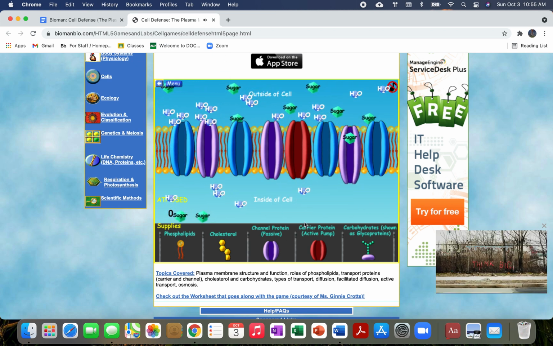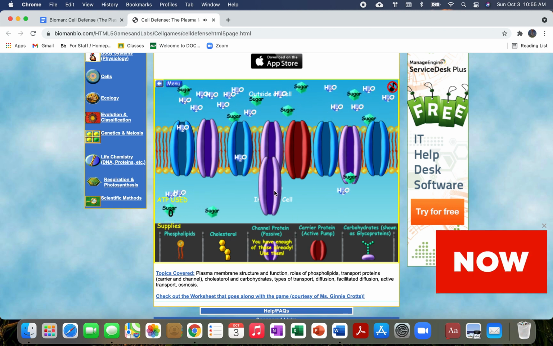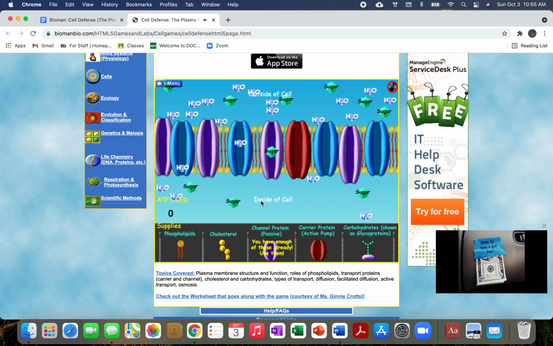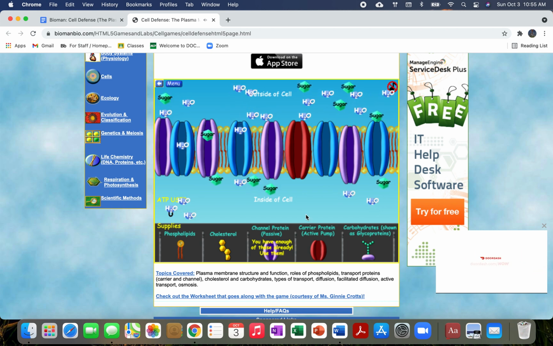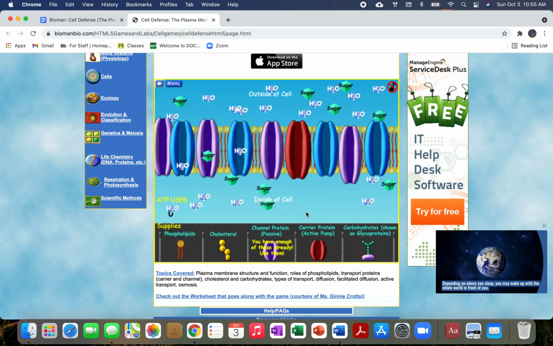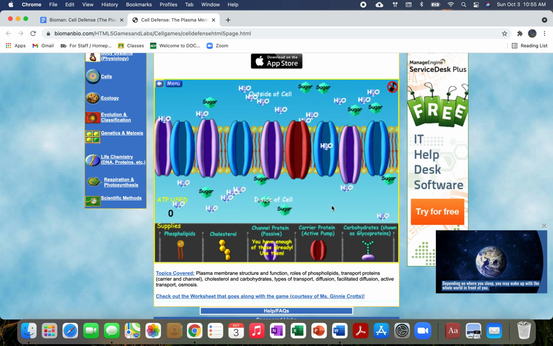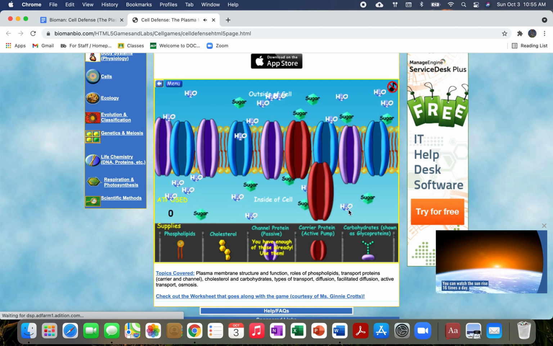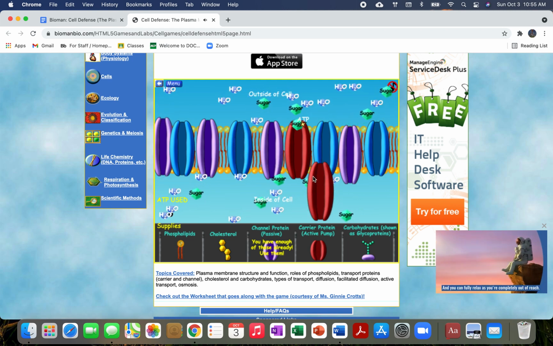So if we put more channel proteins through, sugar comes through. We want to keep as much water inside the cell. So we're pulling sugar into the cell, which is going to pull the water into the cell. And we're going to keep doing this until it tells us we've done enough.